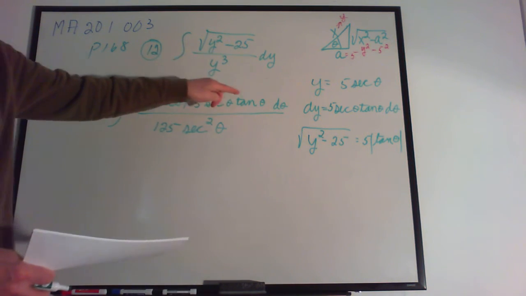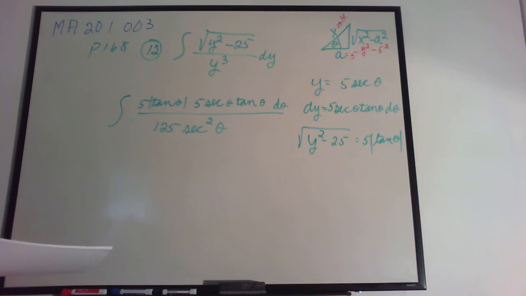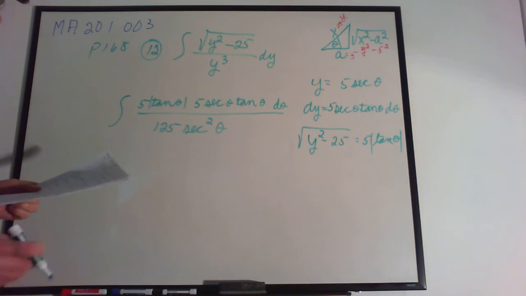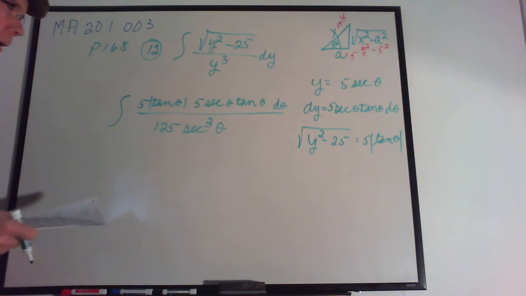For y cubed, y is equal to 5 secant theta, so y cubed is equal to 125 secant cubed theta. All right, pause the video again and try to simplify that.